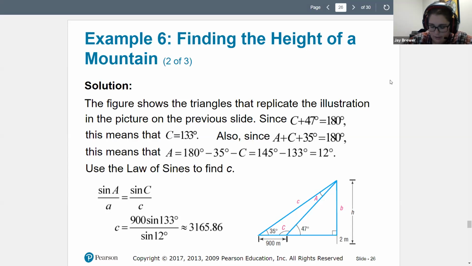So then little c works out to be roughly 3,165.86 meters. Now, how did everybody follow through how they found their degrees?